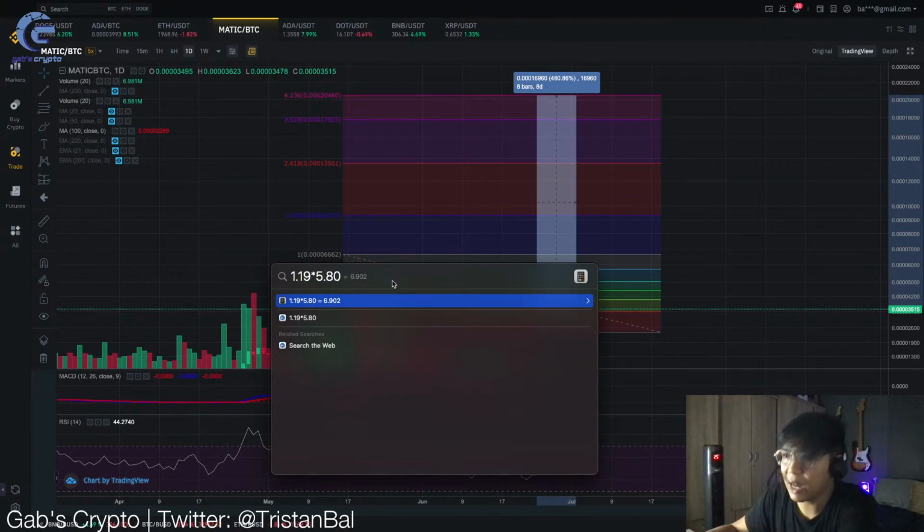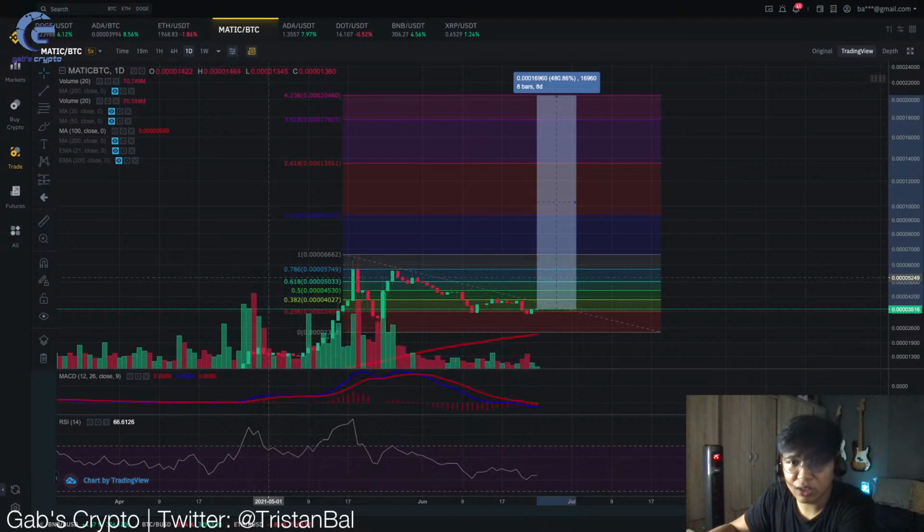Ang highest Matic value na pwede natin makita is around 6.9 US dollars. So 6.9 US dollars ang possible highest point ni Matic for this level. I think that's a modest, ayan, for 80% mula ngayon.